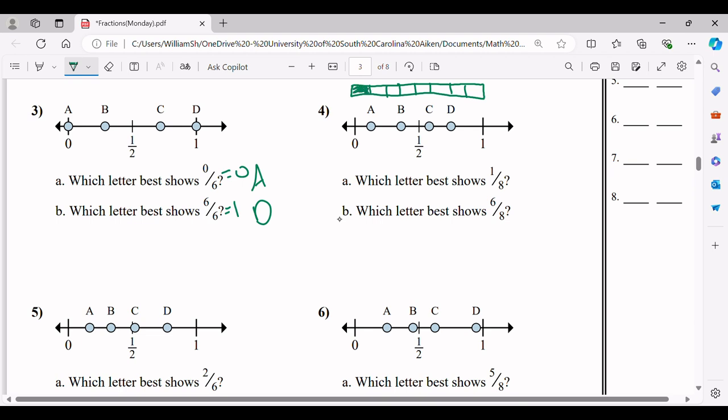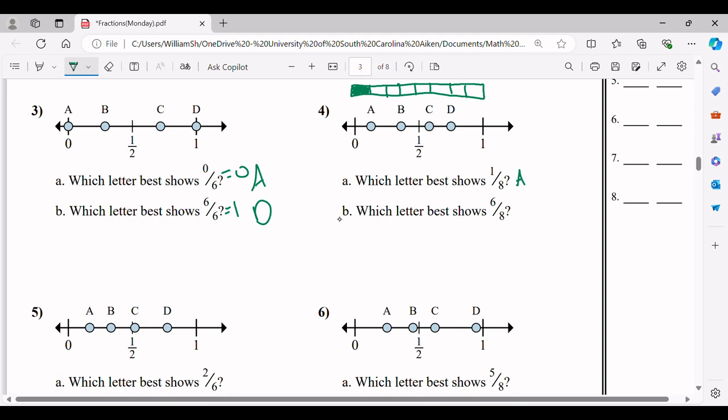I got it split into 8 pieces. I have to color one of those in, and we're always going to start at 0 before we start coloring here. This is what it will look like. So 1/8 should best relate to A. Once again, just relating pictures to the number line so we can choose what best works on that number line.